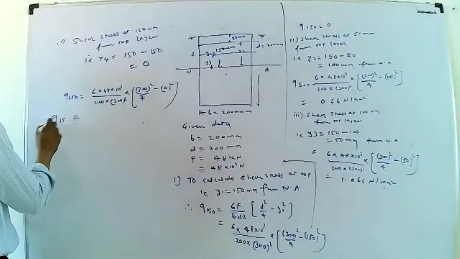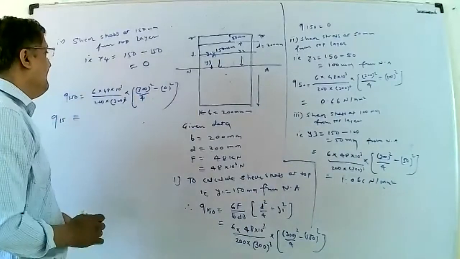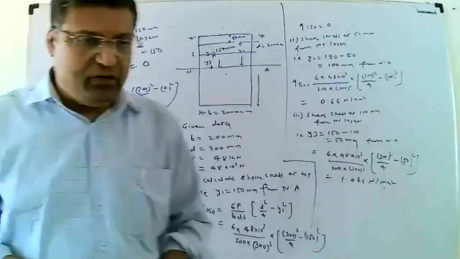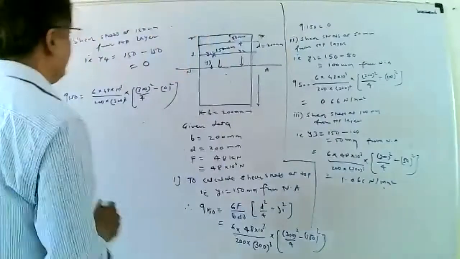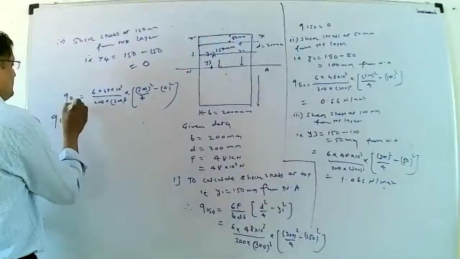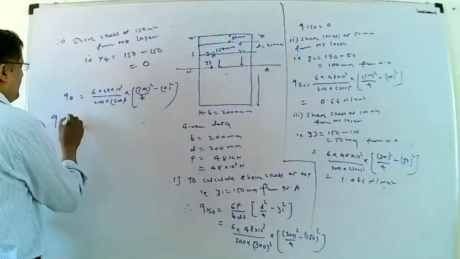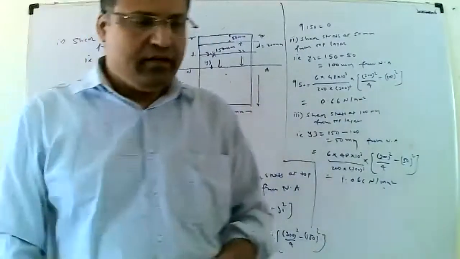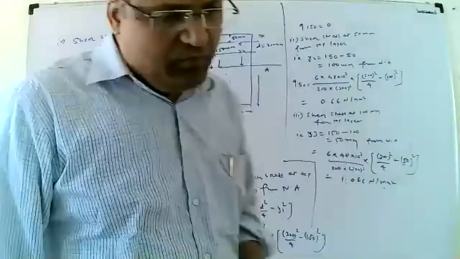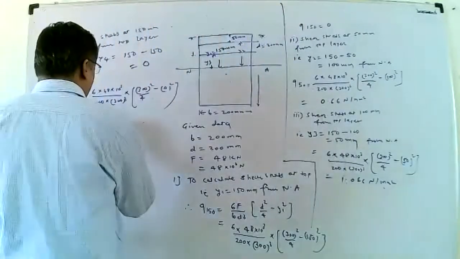Then Q max, Q0, that we can easily calculate: 1.2 Newton per mm square.